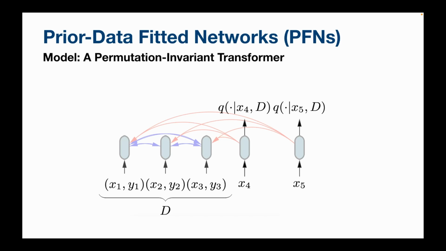A short question: is your model capable of generating multiple results for multiple data points, X4 and X5, simultaneously? Yes. And the second question is, which transformer architecture did you base your model on? Because some transformers have positional encodings in the attention itself, and we don't do that, of course.